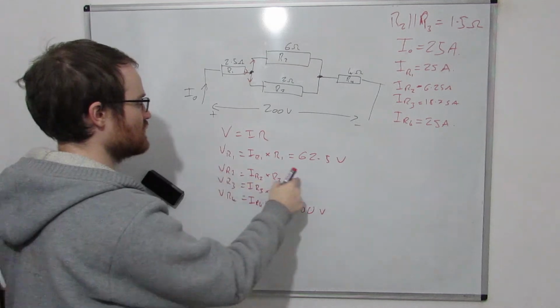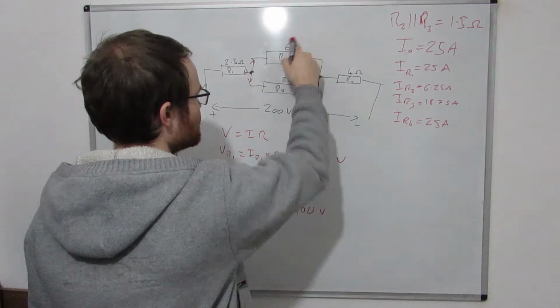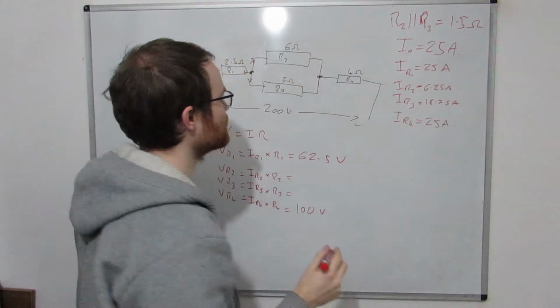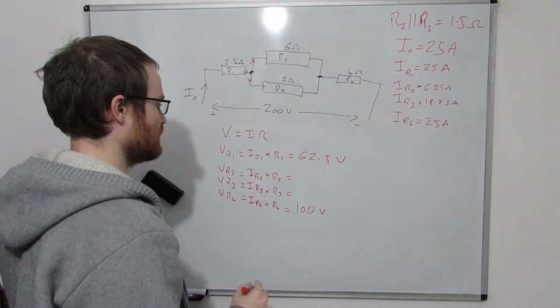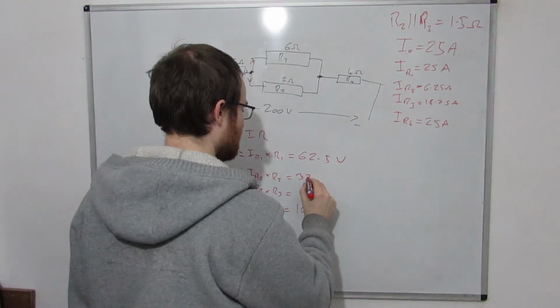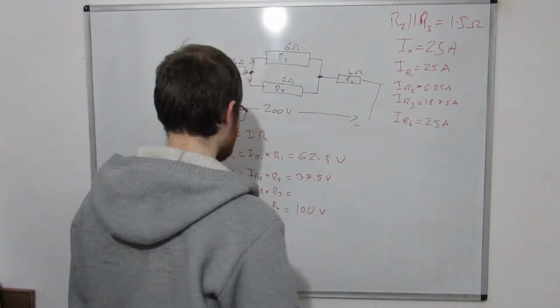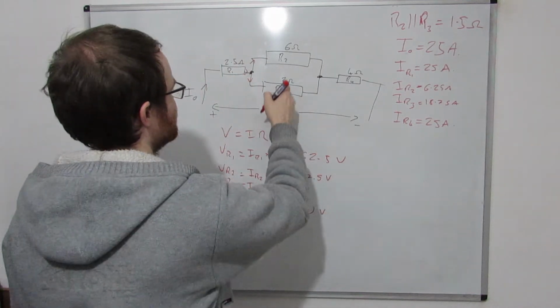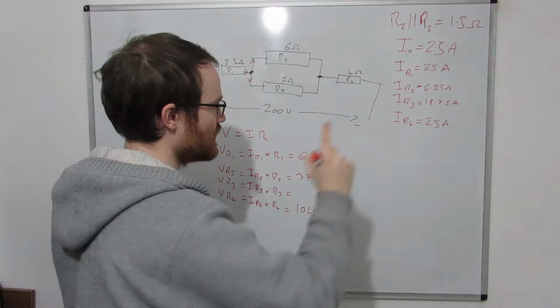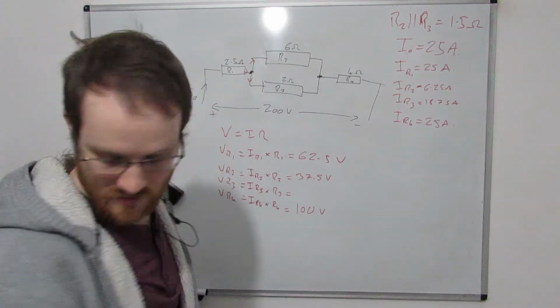And now VR2, we have 6 times 6.25 amps, 37.5 volts. And VR3 is 2 times 18.75, which is 37.5.